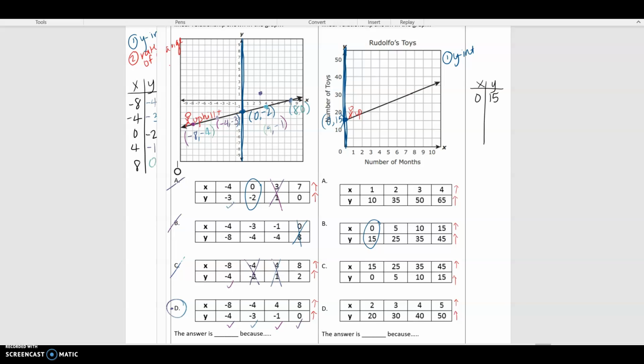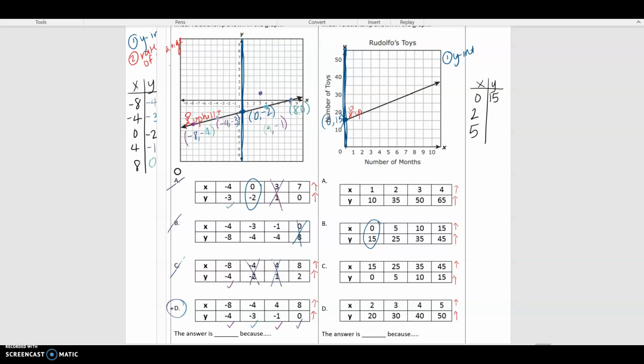If I look at my tables, these two have 2, so I'm going to try 2. Okay, let's just start with these.